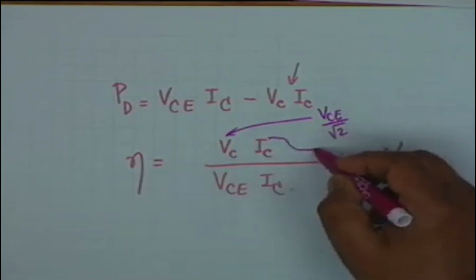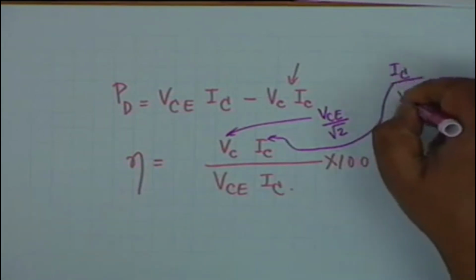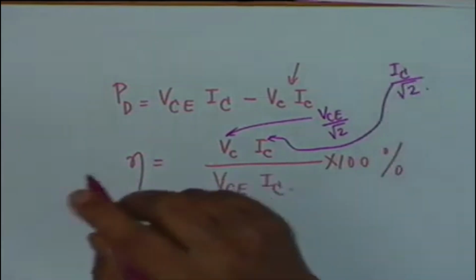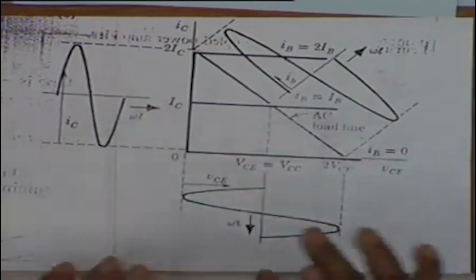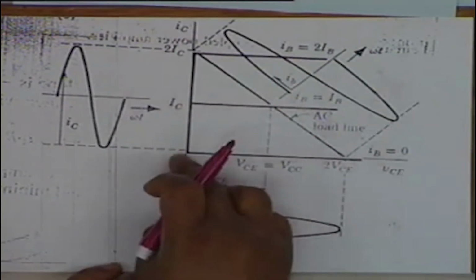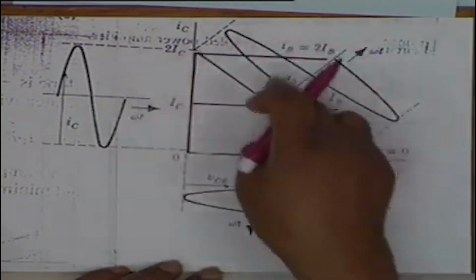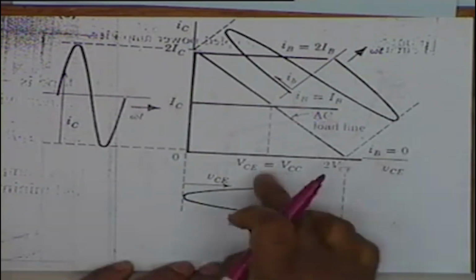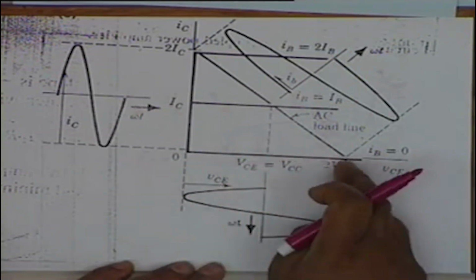And what is I sub c, maximum possible value? Capital I sub c divided by root 2. If conditions are ideal, that means if we can approximate the transistor characteristics by straight lines, the saturation line is the vertical line, the IB equal to 0 line is the horizontal line, and in between there is no nonlinearity, if they are perfectly straight, this is the most ideal condition, then VCE would be equal to VCC and the swing would be up to 2 VCE.